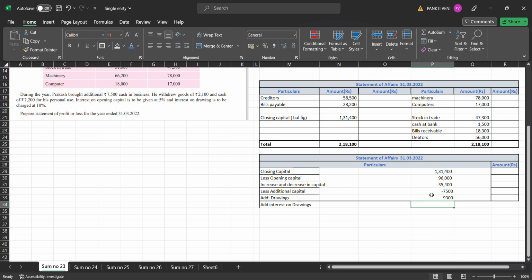Interest on drawings is 9,300 into 10%. Since I'm adding in drawings, that's why I'm adding interest on drawings. Purposely I took it together so that there will be no confusion. Less interest on capital. Opening capital they are specifying, so I'll take only opening capital, which is 96,000. I'm supposed to subtract 5% on 96,000, 4,800.